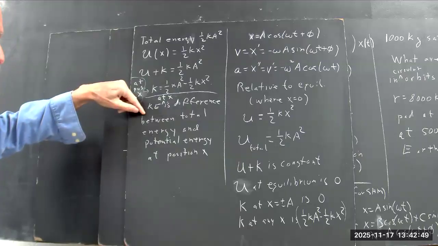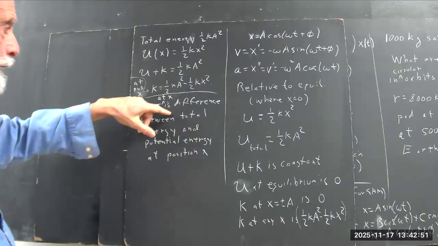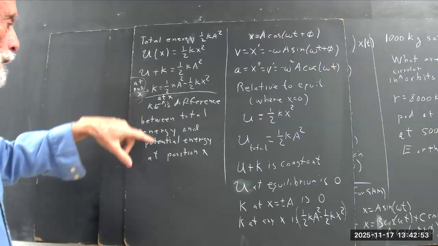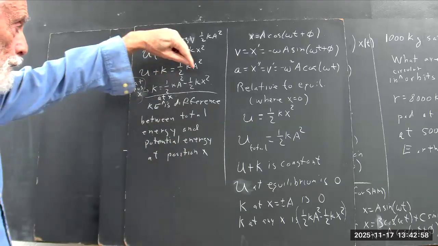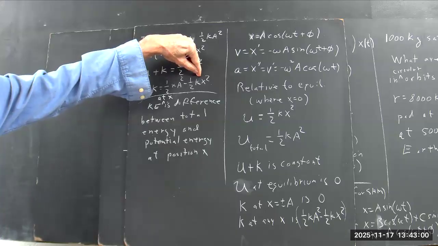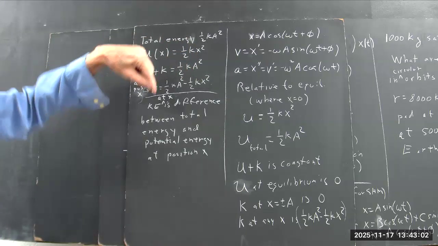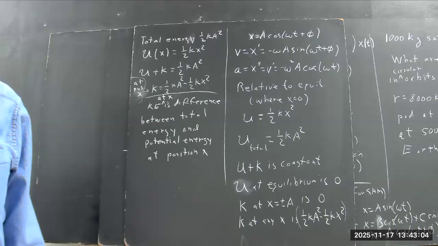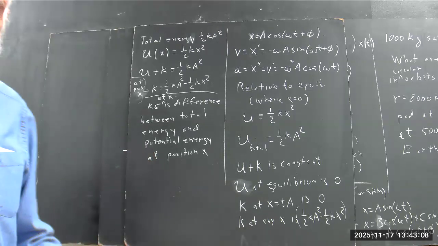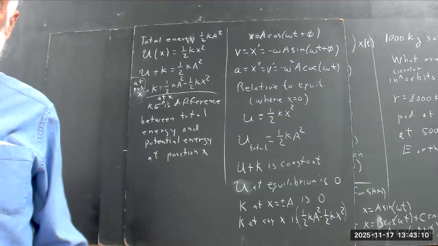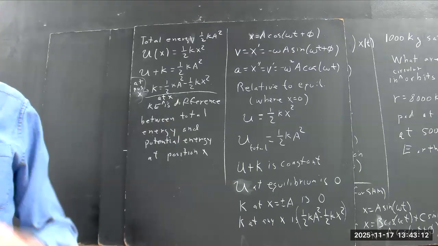A little more explicitly, kinetic energy at x is the difference between the total energy and the potential energy at position x. There's your total energy, there's your potential energy at x, and there is your kinetic energy. You want to digest that. You want to understand that as thoroughly as you can because it makes some of the problems really easy to answer.